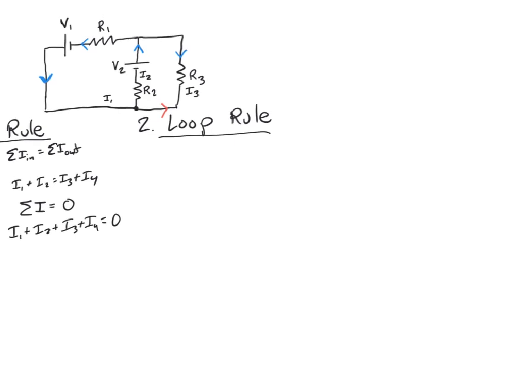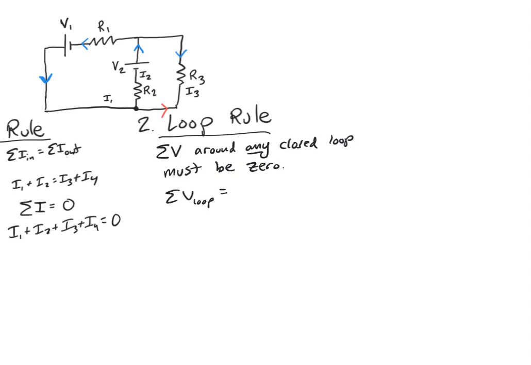So for the loop rule, what it tells us is that the sum of the potential differences around any closed loop must be 0. In other words, the sum of V around a loop is equal to 0.